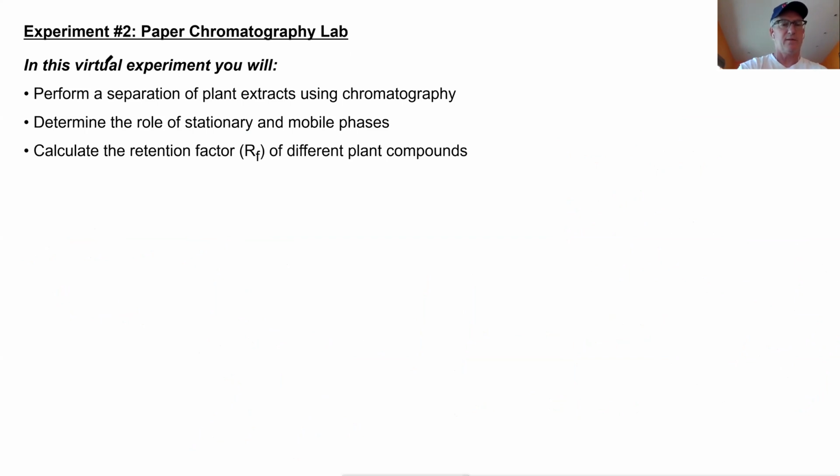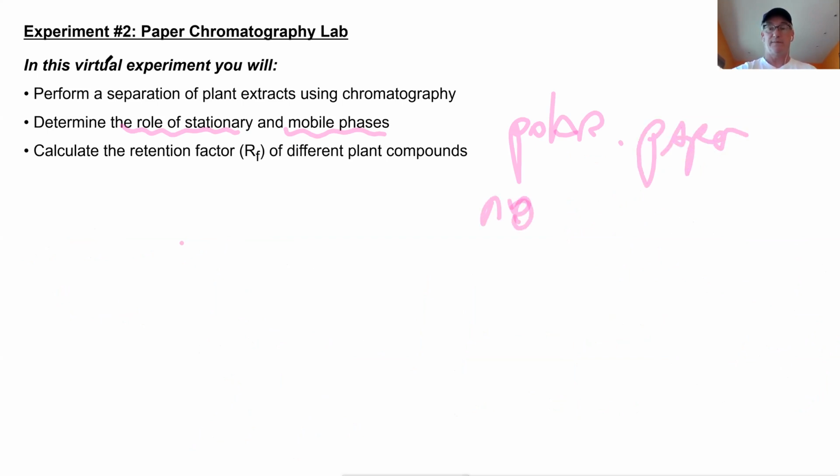All right, so what's the other thing? That's the role of the stationary and the mobile phase. The stationary phase will hold on to either the polar or the nonpolar molecules, depending on what the stationary phase is. You can have a polar stationary phase like paper. You can have a nonpolar stationary phase like what's called reverse phase.